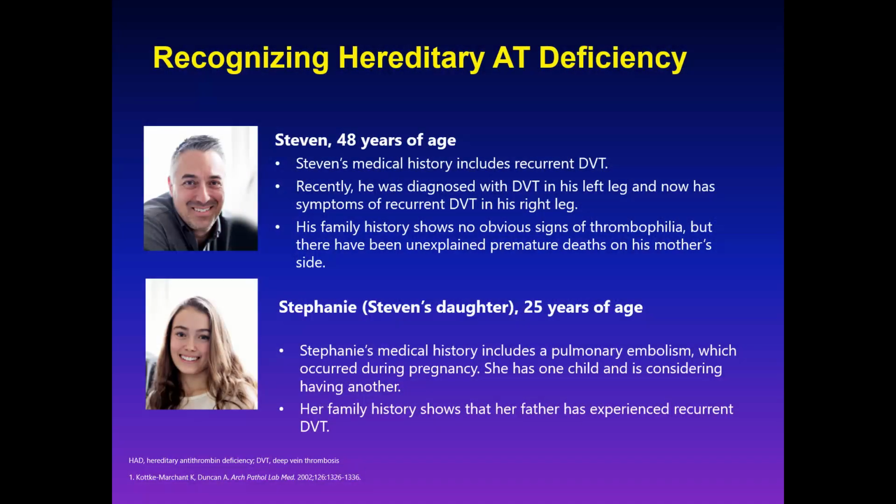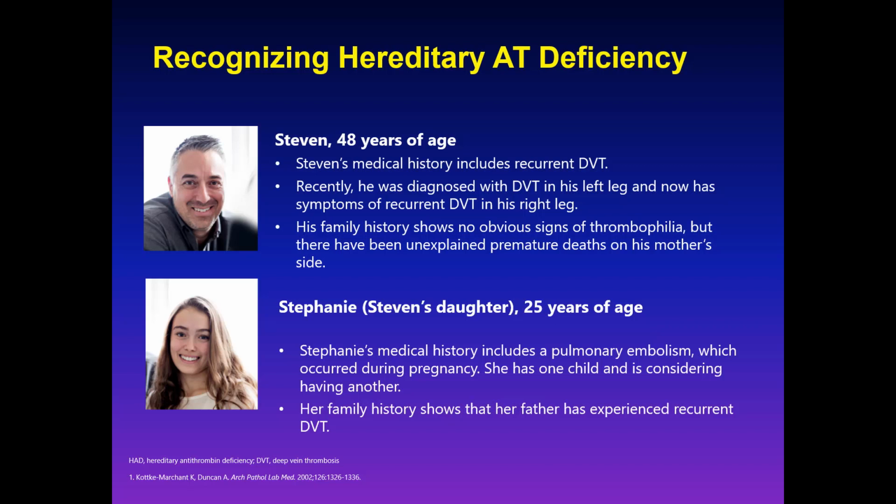So, ways to recognize hereditary antithrombin deficiency. Here's just a really brief example of a patient who's 48 years of age, and his medical history includes that he had a recurrent DVT. His family history shows no obvious signs of thrombophilia, but there have been unexplained premature deaths on his mother's side.